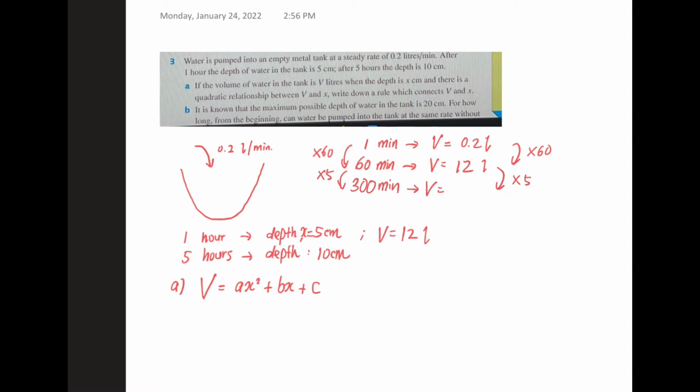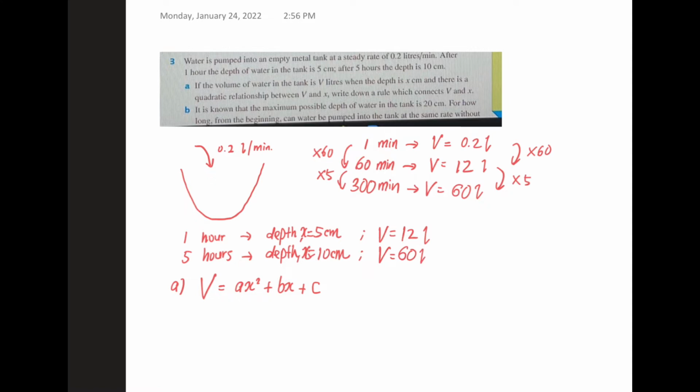So the volume is 12 times 5, which is 60 liter. After 5 hours, the depth, which is the x, is going to be 10 cm. The volume is going to be 60 liter.